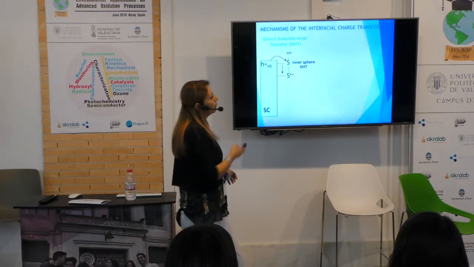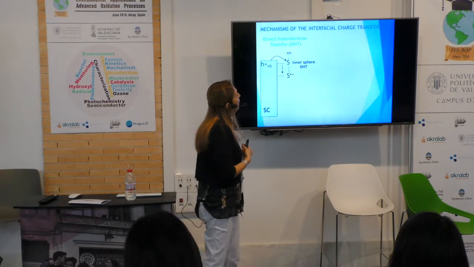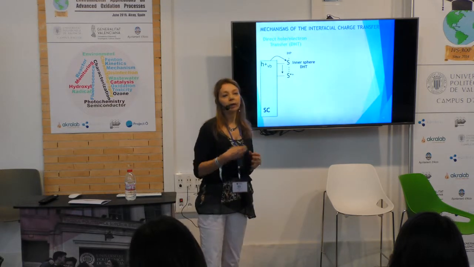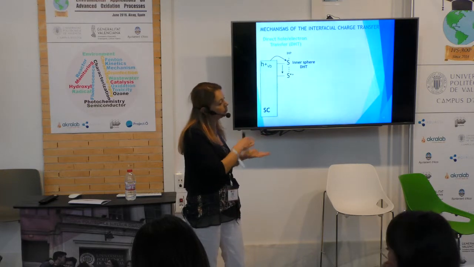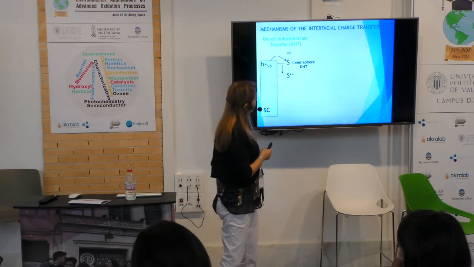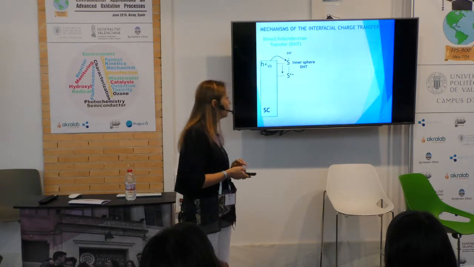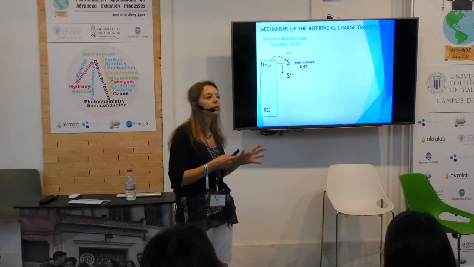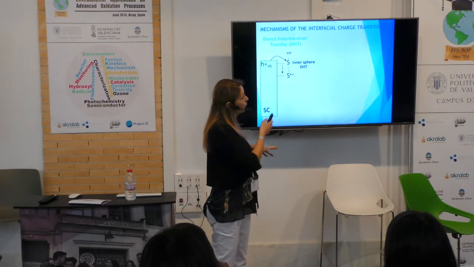Based on this, we can have different mechanisms that happen at the interface between semiconductor and electrolyte, and that can change the mechanism of charge transfer. We can recognize mainly three different kinds of charge transfer.